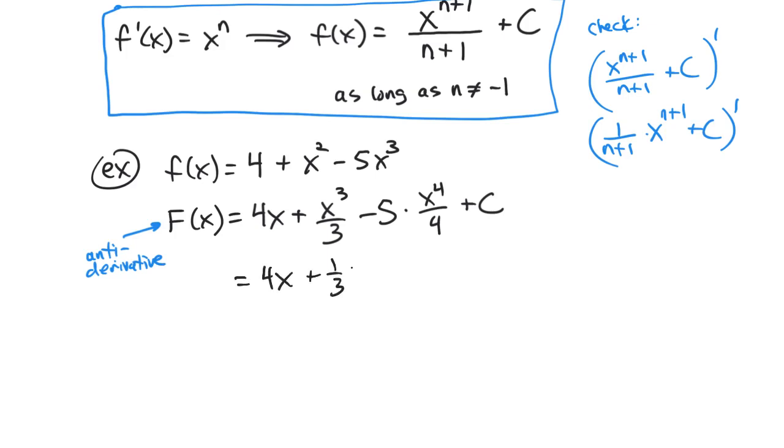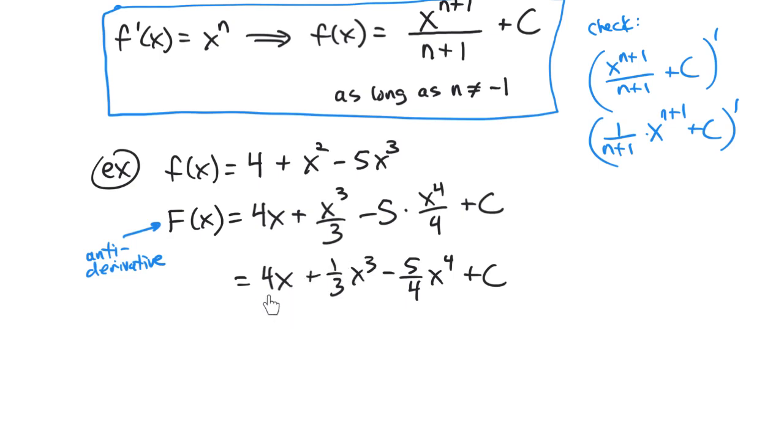Probably most of you would write it like this. Plus c. And if you wanted to check, so here's our answer. We're saying this is the general form of the antiderivative of this. This represents every single antiderivative, all the infinite amounts of them, because they're all really similar. The only difference is this c could be any constant at all.